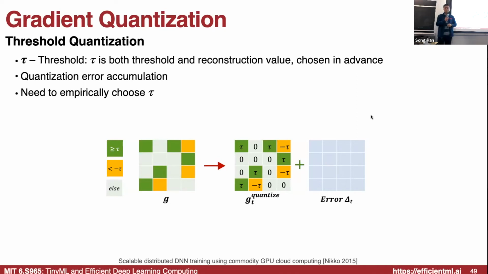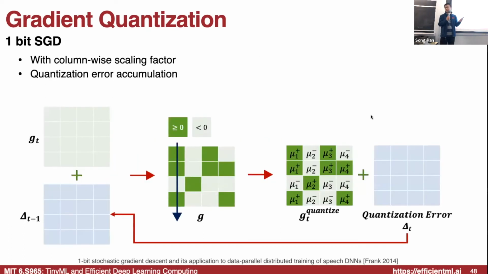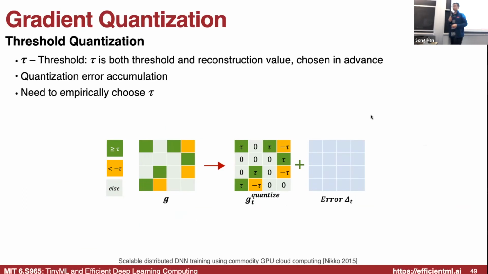Actually, apart from this method, people proposed a threshold quantization approach. So we can use a ternary representation. Previously, this was using a binary representation, either positive or negative. In this way, we can have a positive, a negative, and 0. We have to empirically choose this threshold tau.